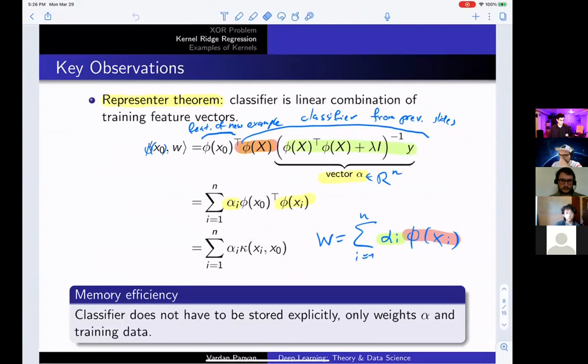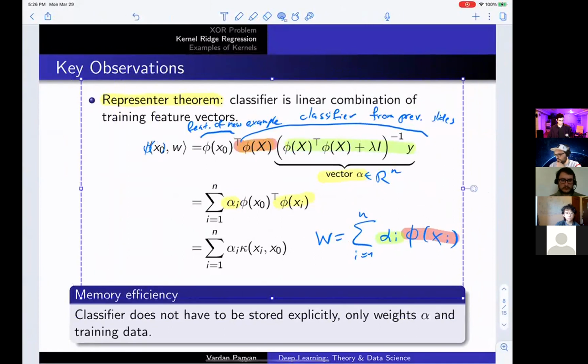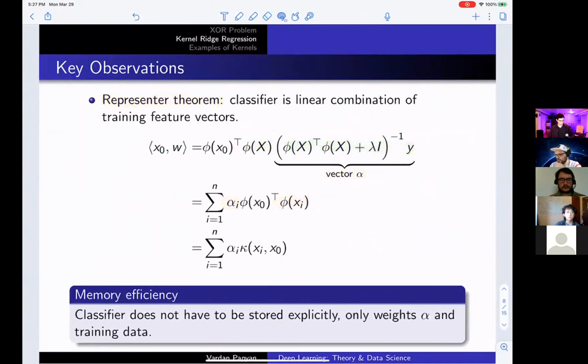Right, so if you look at this slide, let me just remove all of these markups. So if you look at this phi x0, this slide explains how you do the prediction. In this slide, imagine that phi x transpose phi x is a gram matrix.